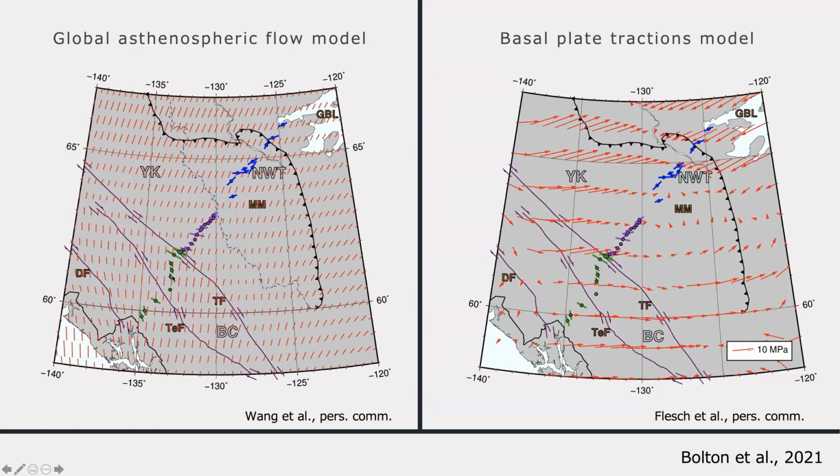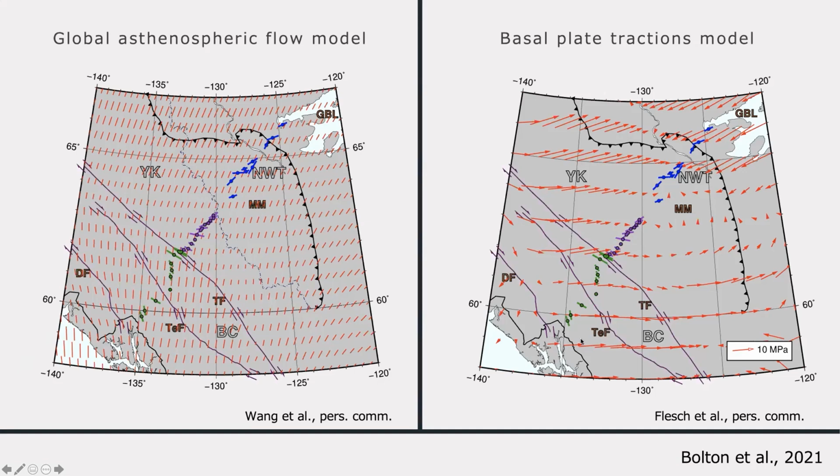And what we see, especially if you look at the purple splits, is that the rotation and the inferred asthenospheric flow direction shown by the red lines do not match at all. So we think that at least in the western part of our array, what's happening at a global scale is not affecting our shear wave splits.